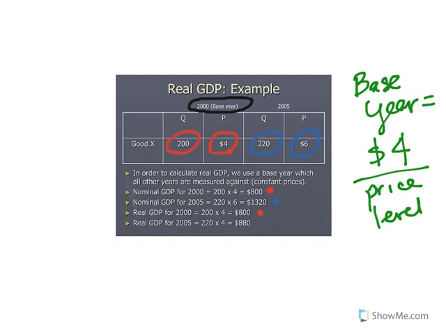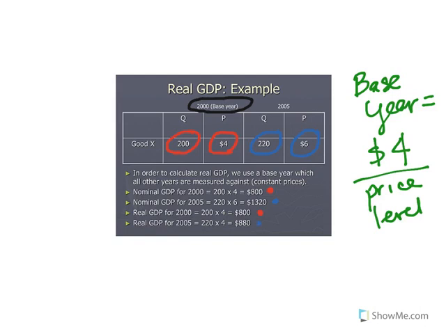But notice what happens to the real GDP for 2005 once we use the price level for our base year. So we take the quantity of output that we produced in 2005, which was 220 units, but we multiply it by the price level in the base year, which is $4, so that we can just again measure the true increase in output. So 220 times 4 is 880.